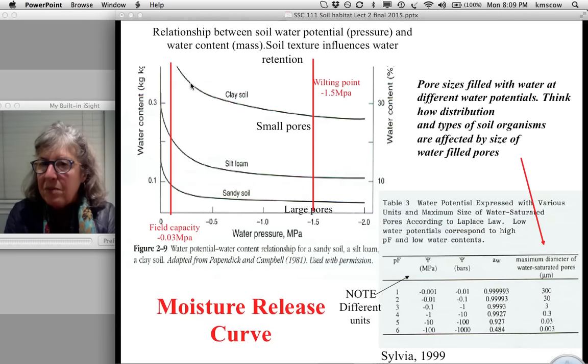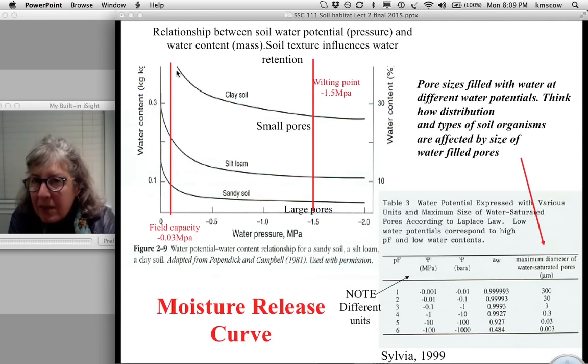Silt loam's kind of in between, and then let's look at the clay loam. Sorry, I don't have the whole picture showing here, but the clay soil, you can see, started out with a lot more water at 0 water potential, free water, and then as pressure is applied to the soil, it gives up some of its water, but it's not a whole lot of water. And so we're in the ballpark of like 38% moisture or something.